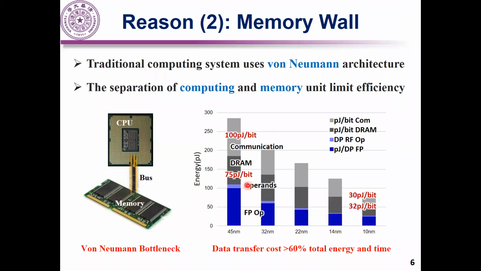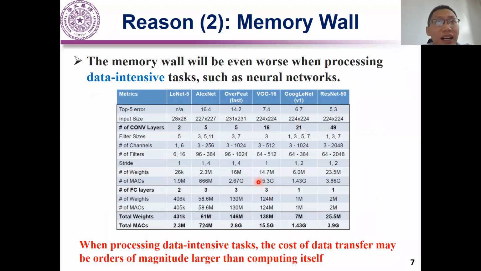This figure shows that such data transfer may consume more than 60% of the energy during a general purpose computing task. Well, for a data-intensive task, such as AI computing, the cost of data transfer may be higher than 99%. A neural network is a typical data-intensive task.